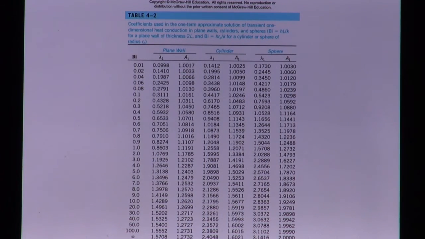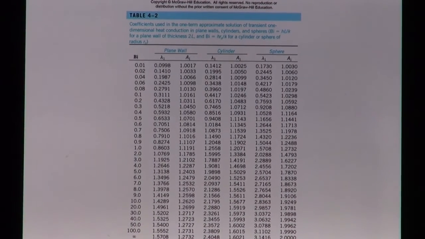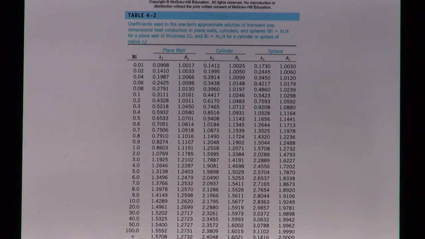And then lambda 1 would be equal to 1.2048, and A1 would be equal to 1.1902. Do you agree? So tau larger than 0.2 we assume, and we say we will check it later.